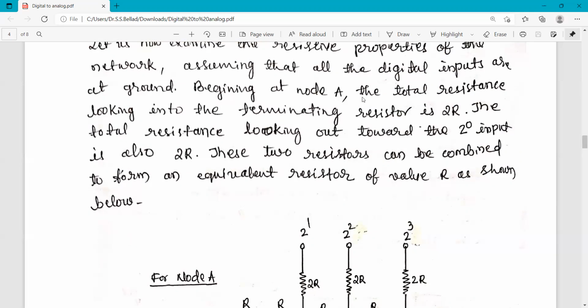Beginning at node A, the total resistance looking into the terminating resistor is 2R, and the total resistance looking out towards the 2 raised to 0 input end is also 2R.